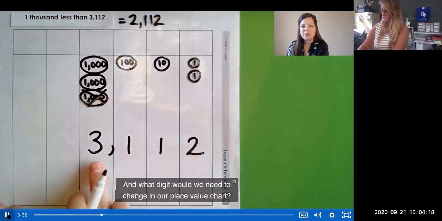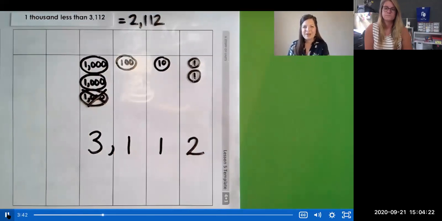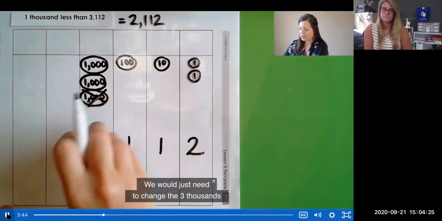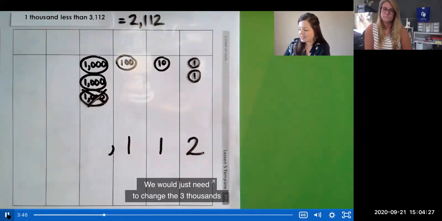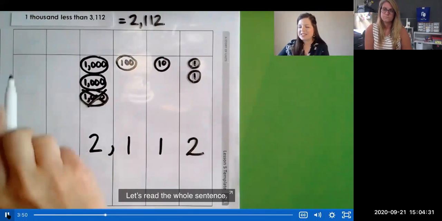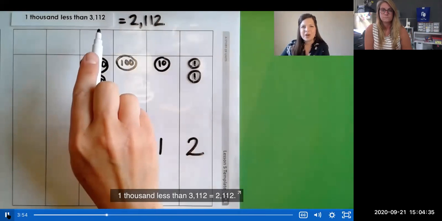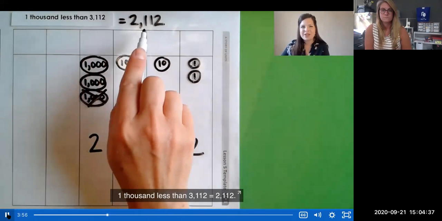And what digit would we need to change in our place value chart? We would just need to change the 3,000s to 2,000s. Let's read the whole sentence. 1,000 less than 3,112 equals 2,112.